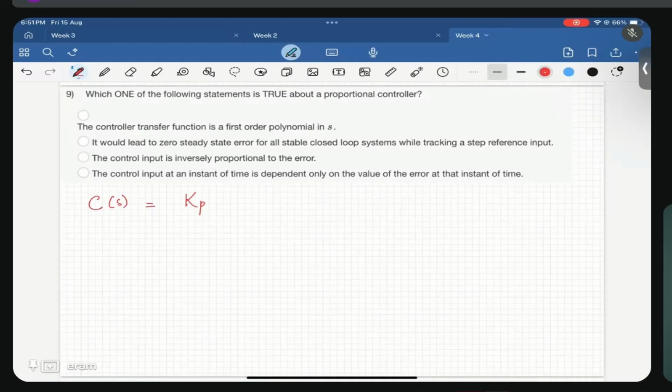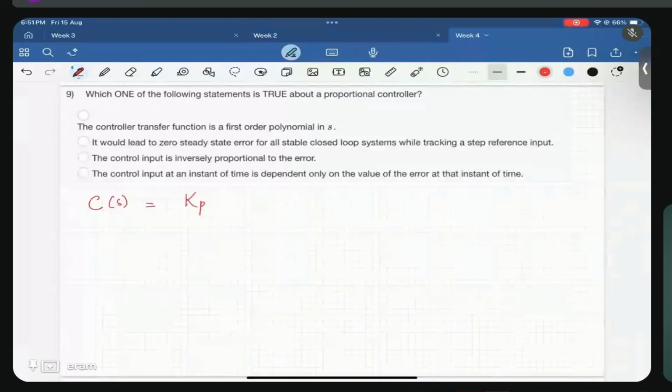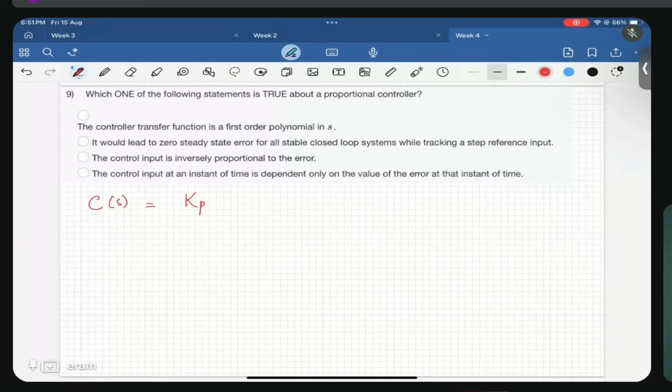The first statement says that the controller transfer function is a first order polynomial in S. Is it true or false? False. Yes, it is a constant, so there is no polynomial of S.